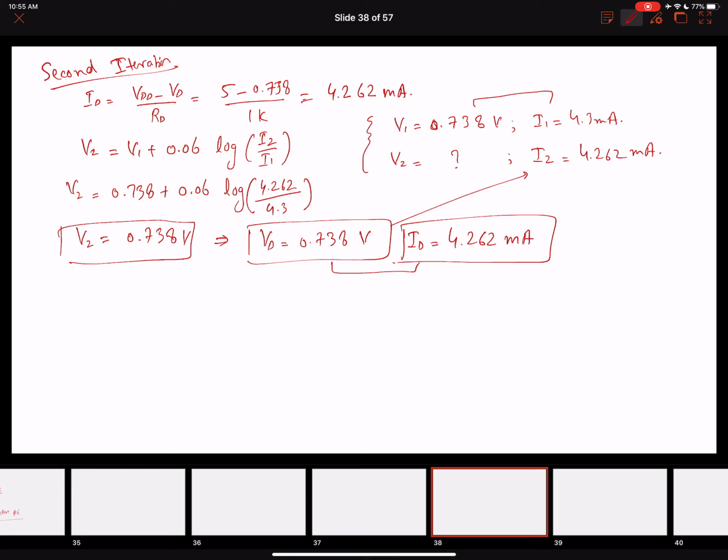Right, so since the second iteration values are very close to the first iteration, we can stop our iterative analysis here.